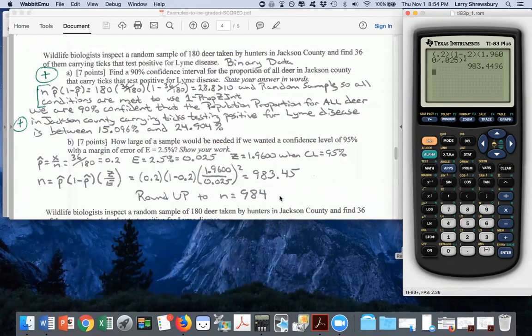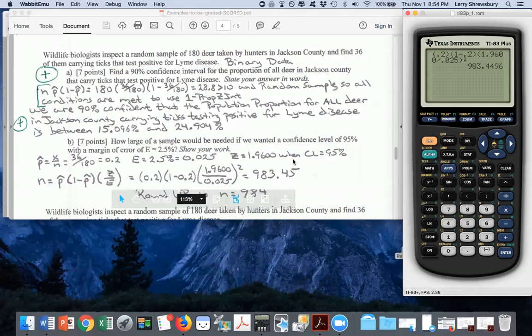So you know what's going to cost you to have that high of a confidence level and that small of a margin of error. But your sample size has to be at least this big, at least. So that's why you round up to the next whole counting number. All right, so there's a confidence interval and a sample size problem for binary data.